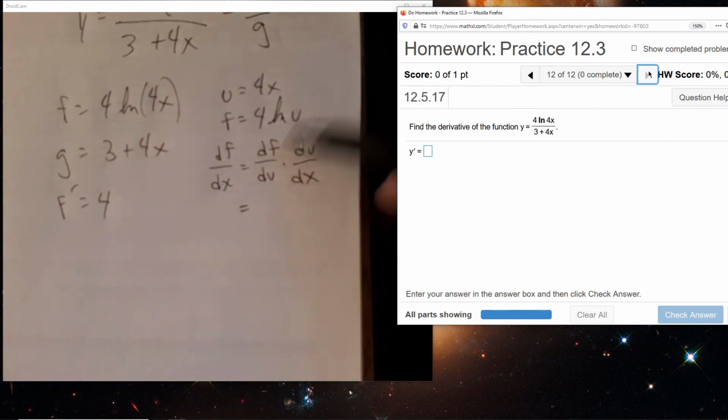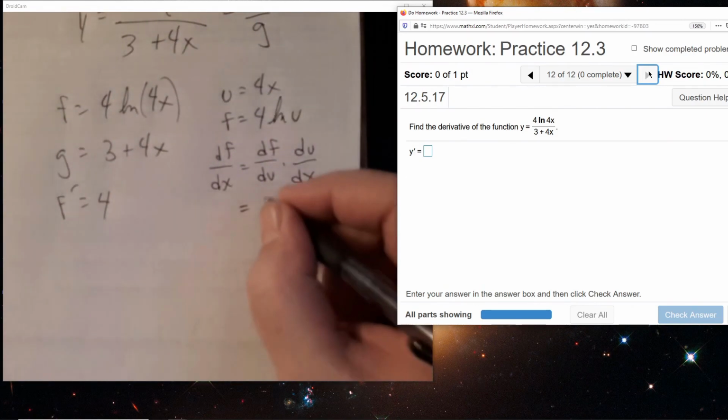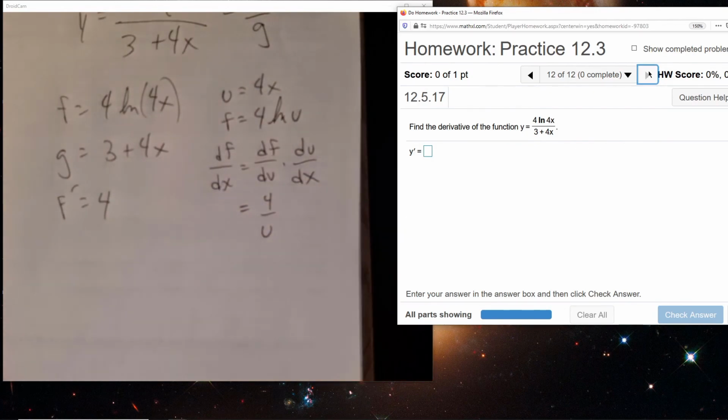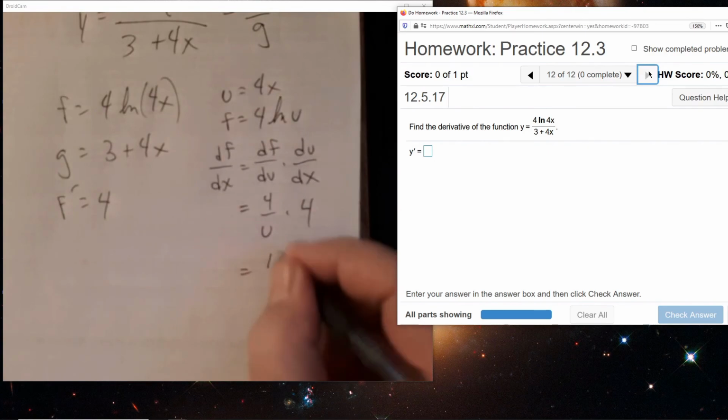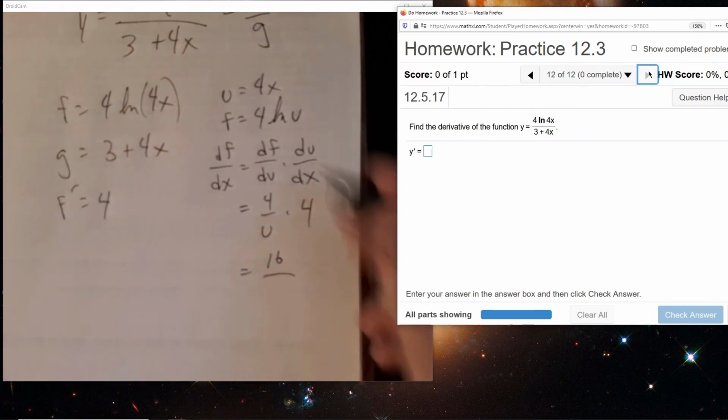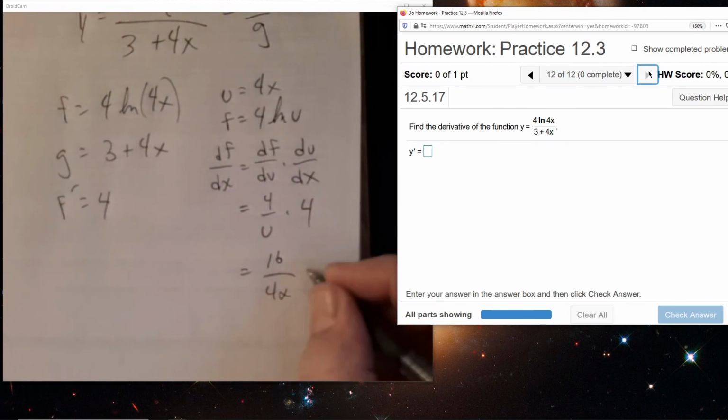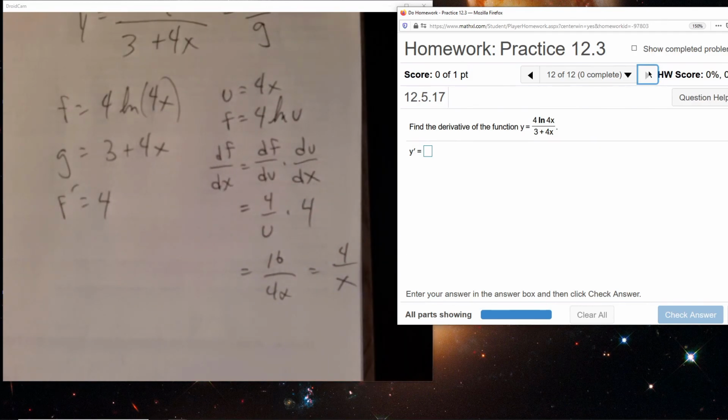The derivative of f, log u, is 1 over u. The derivative of u is 4. We'll plug back in what u is. U is 4x.